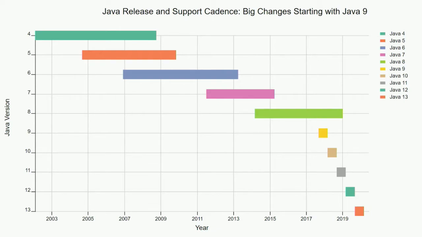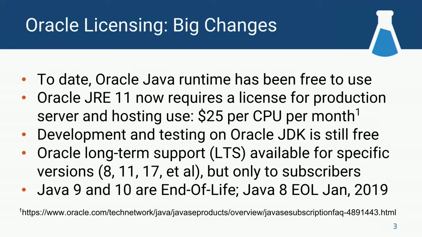Okay, so in addition to that, Oracle is starting to charge a subscription fee for all production use of Java. This is a subscription fee for the Oracle runtime, their commercial runtime, which up until now has been free for everyone to use for any purpose: on your desktop, on a server, in a hosted environment, et cetera.